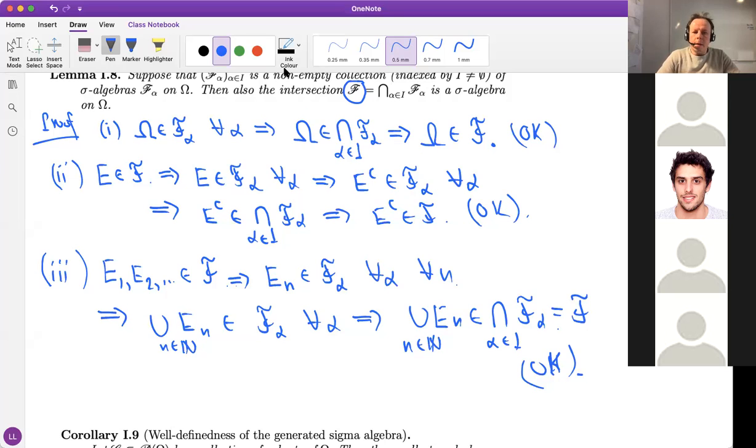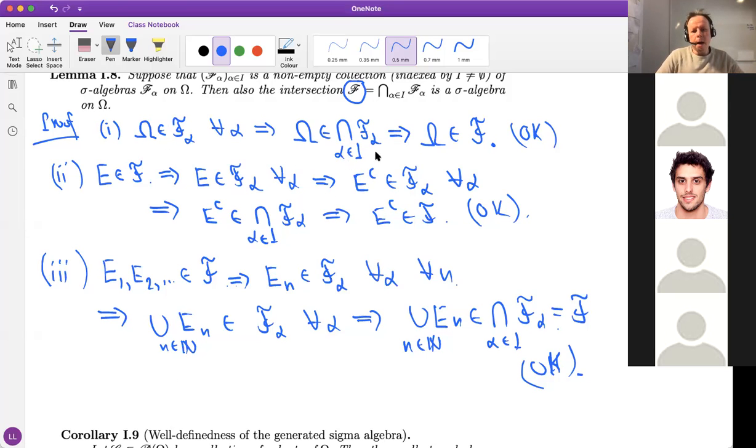And there's a question by Elias: when we look at alpha in I, can the index set I be uncountable? Yes or no? Well, look at the proof.